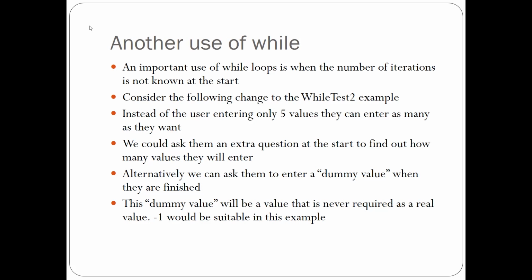So as an example, if they're typing in rainfall values, then what you can do is force them to type in the rainfall values that they want, and then when they finish, type in -1. We know -1 is not a particularly sensible value for rainfall, but we know, or we could get the system to find out, that when -1 has been typed in, they've finished typing in the data that they need.